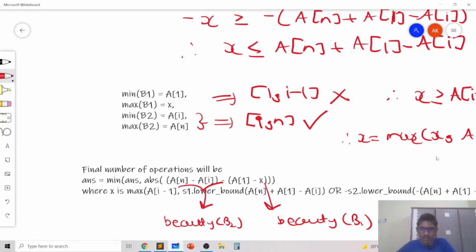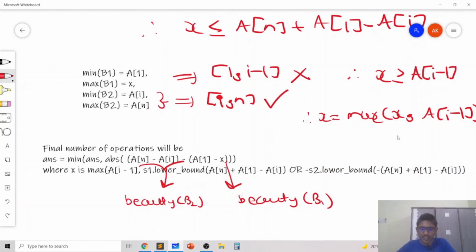Then we can compute x to be the lower bound on the first and the second multiset, take those two cases and compute the minimum cost for those two cases. So now I'll show you the code implementing the same idea.